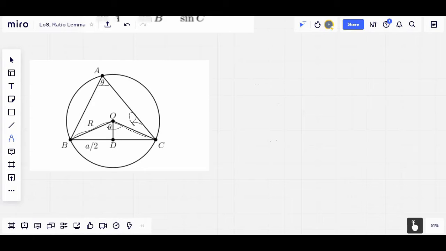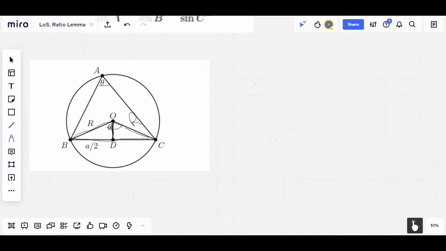And since it's isosceles, the angle bisector is also the altitude. So drawing the altitude from O to BC, we actually split the angle, and it splits BC in half because it's also the perpendicular bisector.